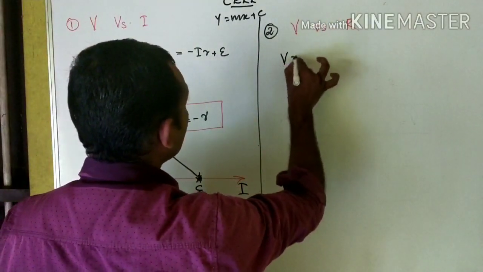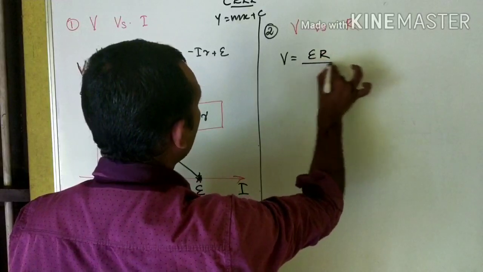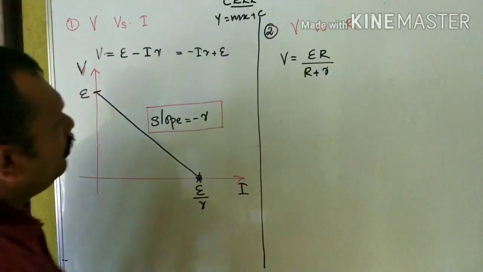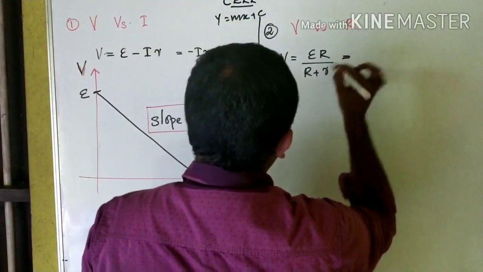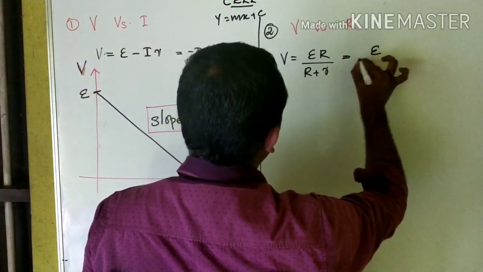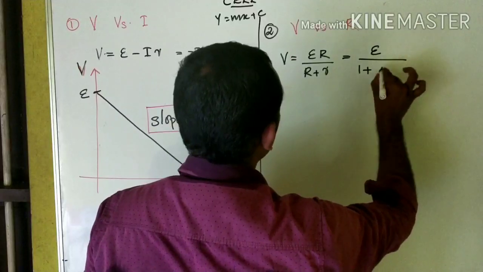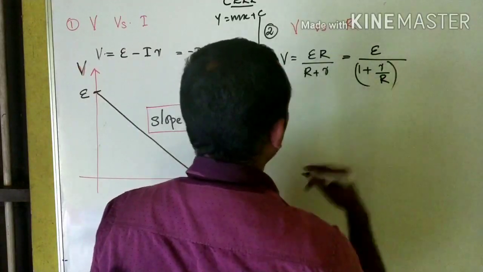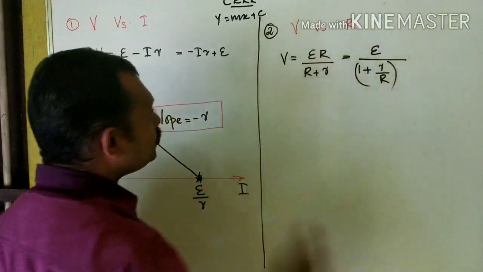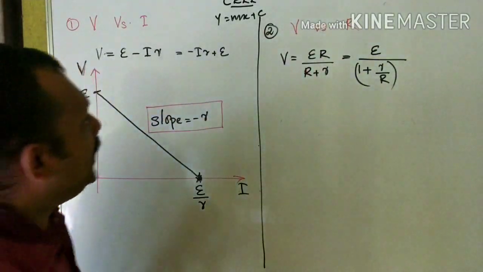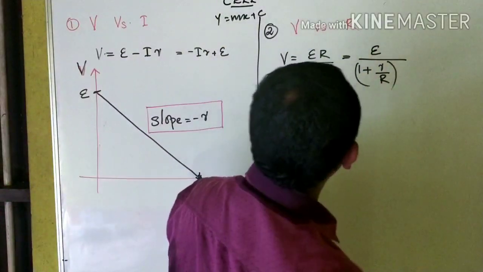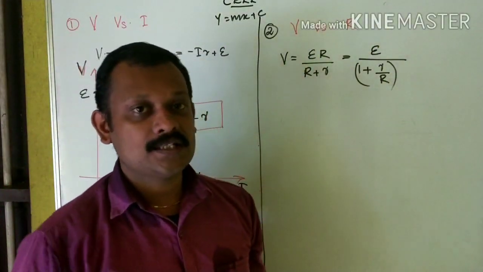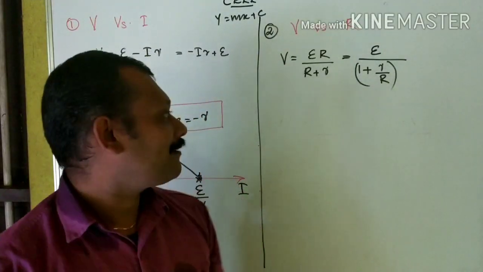We got terminal potential V is equal to epsilon R divided by capital R plus small r. Ready? Now I can write this equation as epsilon divided by 1 plus small r by capital R. What I did here is divide numerator and denominator by capital R. In that situation, terminal potential V is equal to epsilon divided by 1 plus small r by capital R.